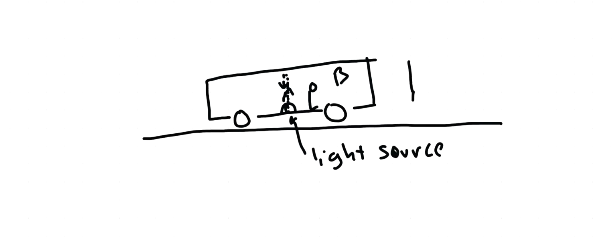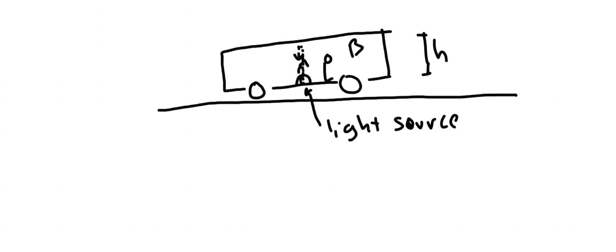Let us also assume that the height of the bus is h. Let us first calculate ΔT_B, the interval for the light to go up and back down.